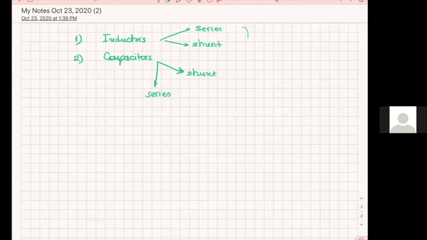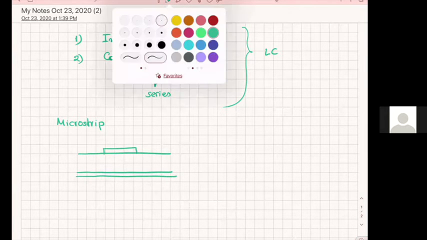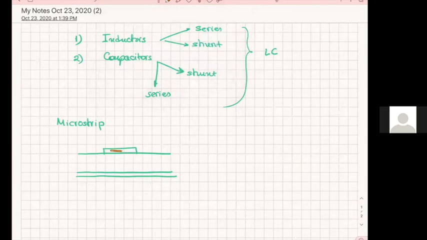Okay, microstrip now. That is all good so far. When you have LC, anything is possible. But when you go to microstrip, and microstrip, if you remember, looks like this. This is your conductor here, and the rest is dielectric in between.